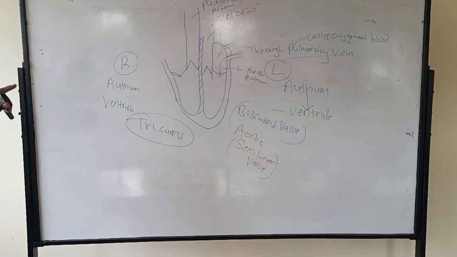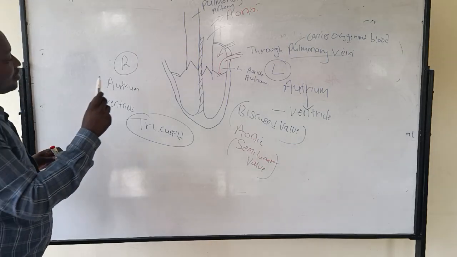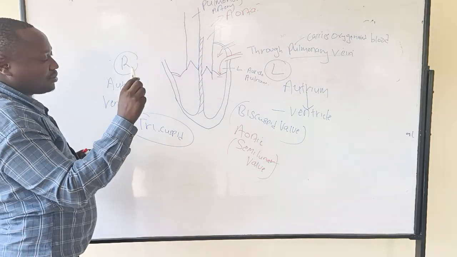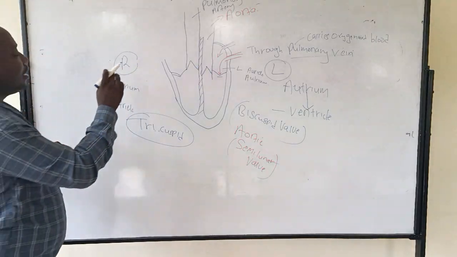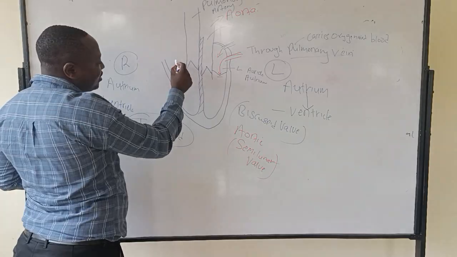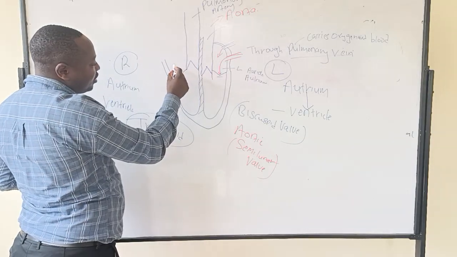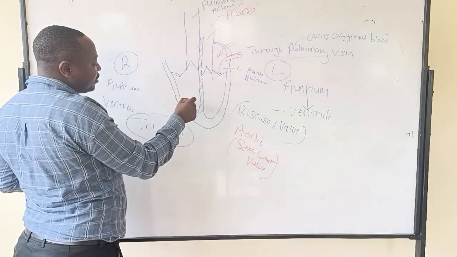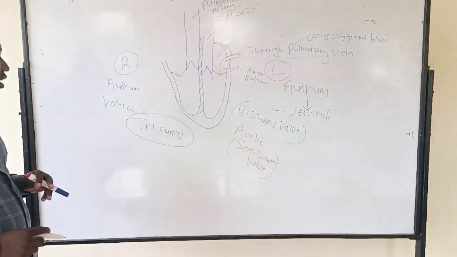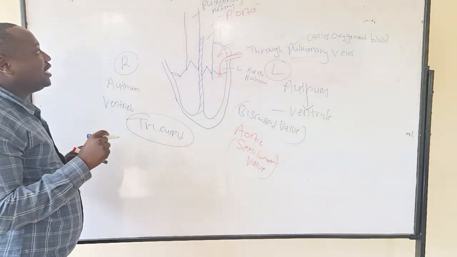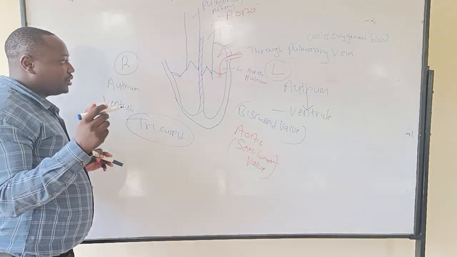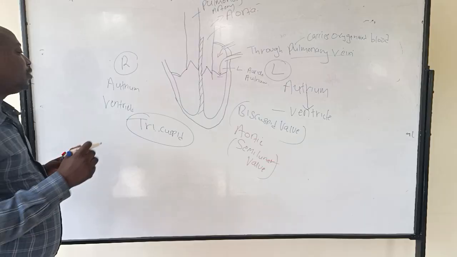Remember, as we go through this diagram, once the blood gets into the right atrium and flows to the right ventricle, it will be pumped out of the heart through the pulmonary artery, and we're going to understand where this blood goes.